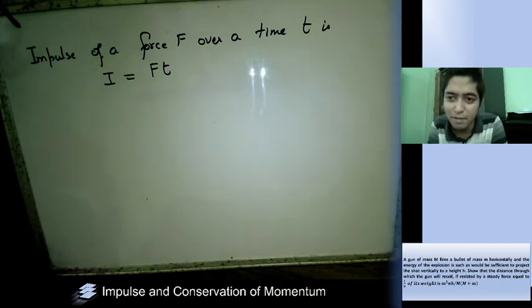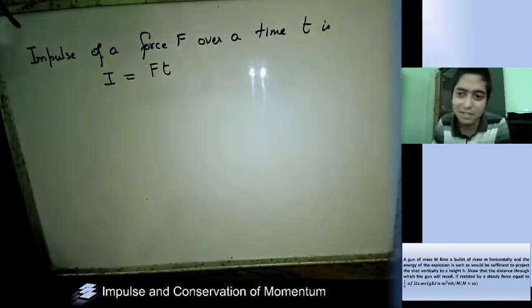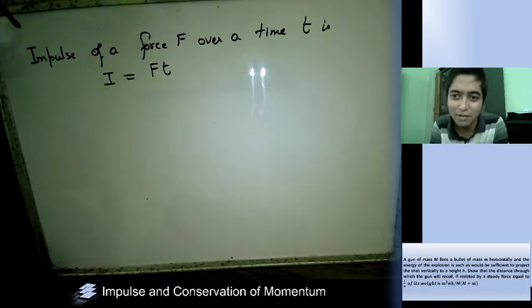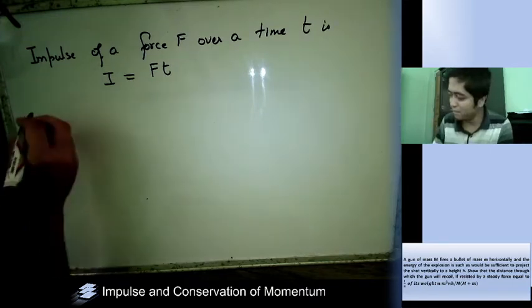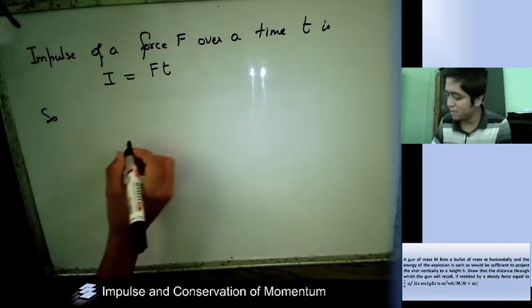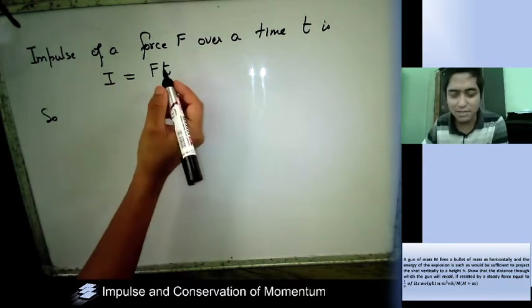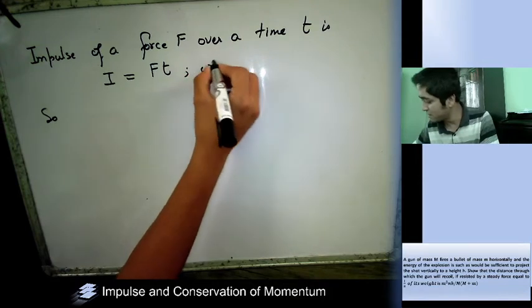But you must also remember that the force can be constant or it may be variable. So what happens if it is a variable force? I = Ft is for when F is constant.